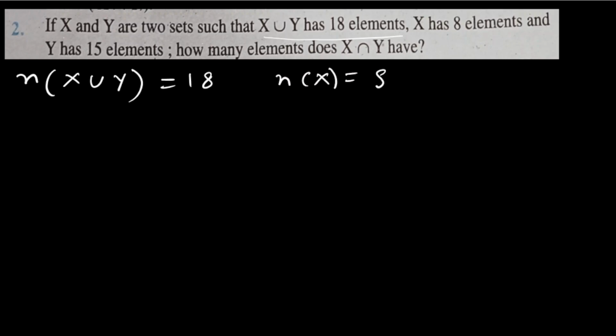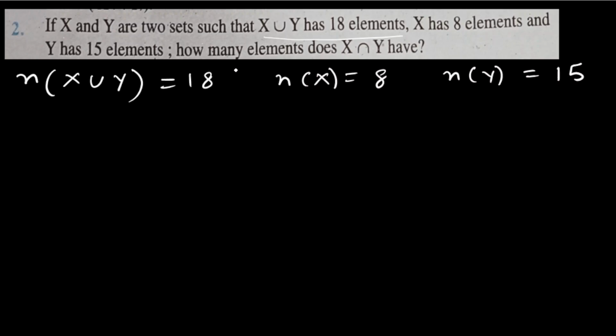X and Y are two sets such that X union Y has 18 elements. That means N of X union Y is 18. X has 8 elements, so N of X is equal to 8, and Y has 15 elements, so N of Y is equal to 15. N is nothing but number of elements. I have written these things.